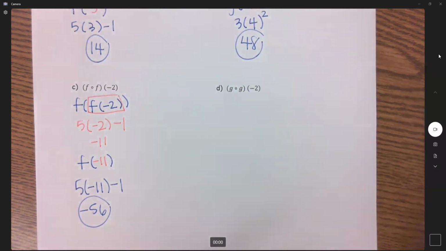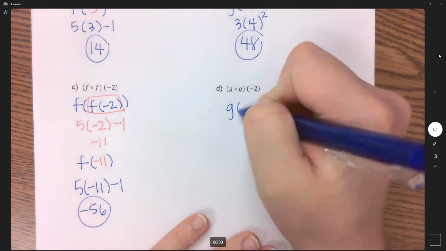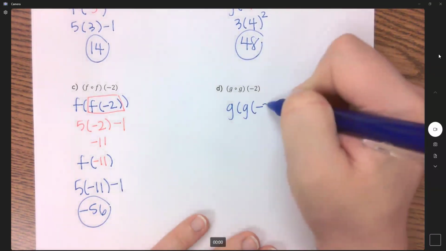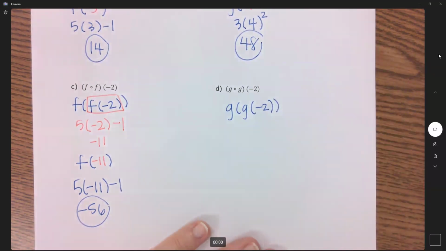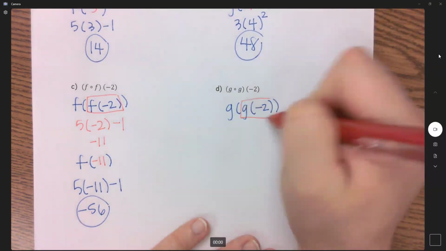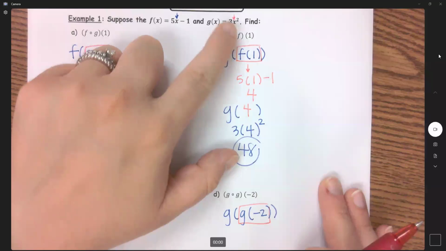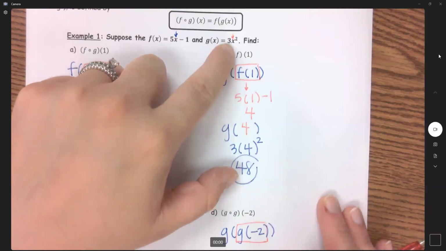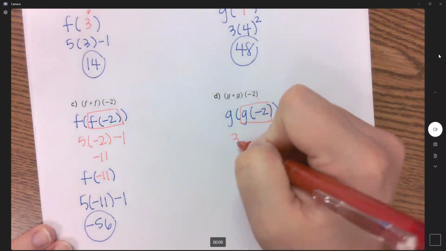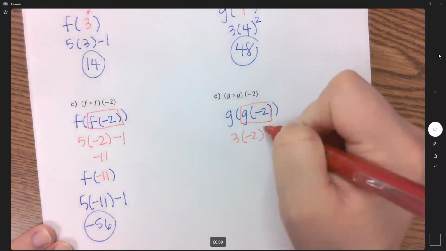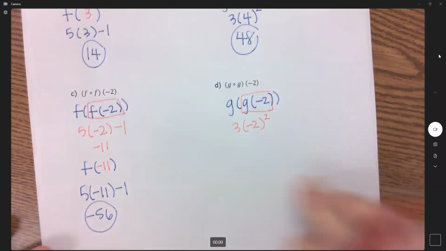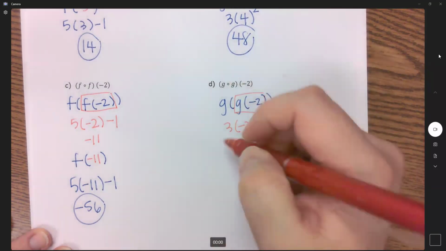So g composed of g of negative 2 is g of g of negative 2. Starting inside, we will substitute a negative 2 in place of our x here. So I have 3 times negative 2 squared, which we get 4 times 3 to give me 12.